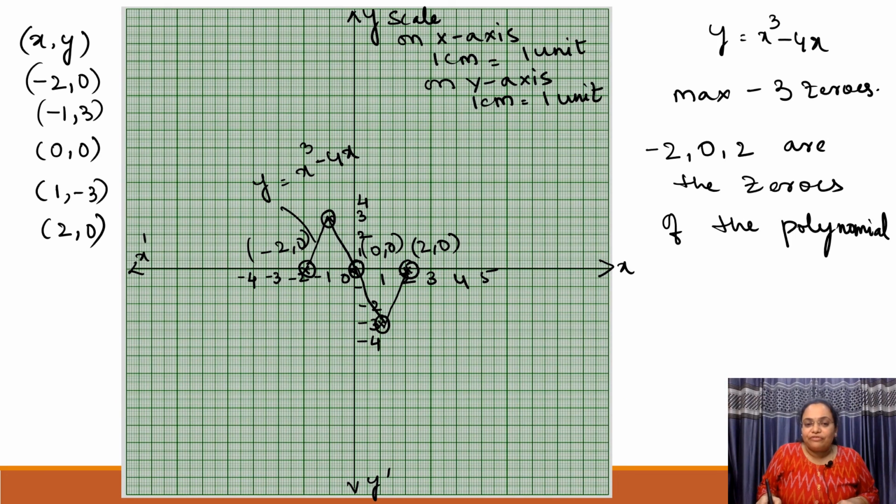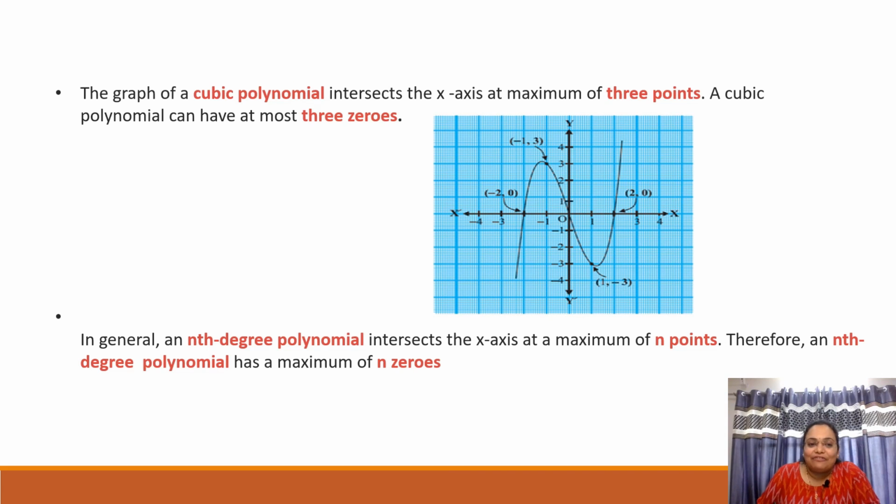As the graph cuts the x-axis at 3 different points, this cubic polynomial has 3 zeros. So when the graph of a cubic polynomial touches the x-axis, that point is said to be a zero of the polynomial. So it is touching at 3 points, right? So we have 3 zeros.